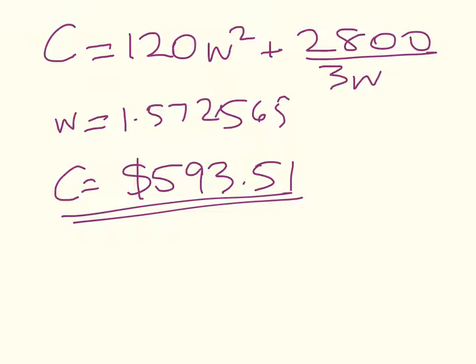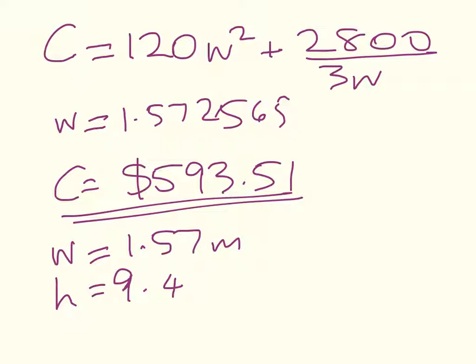Okay, now I need to also give the dimensions. So the width is equal to 1.57 metres. The height is equal to 9.44 metres. It's quite a strange looking cardboard box. And the length is equal to 4.72 metres.